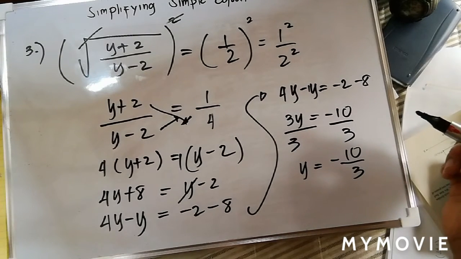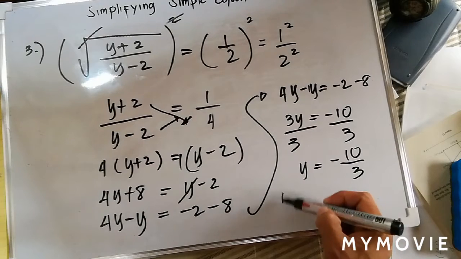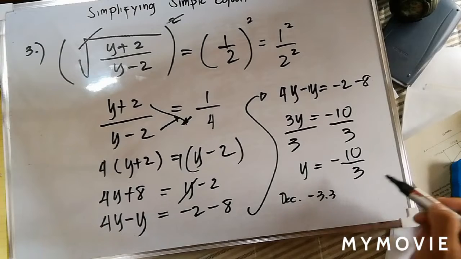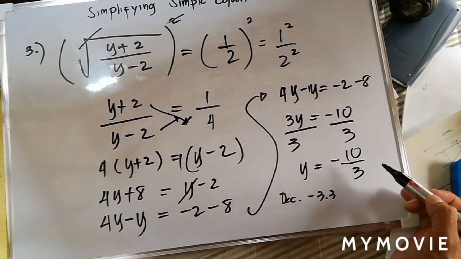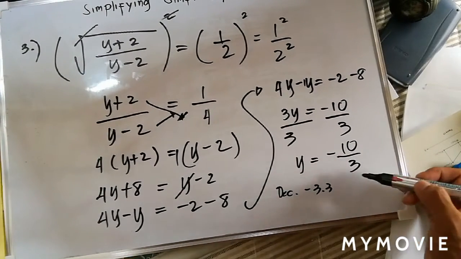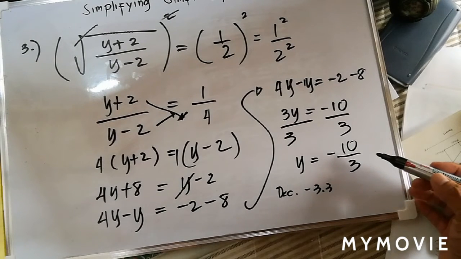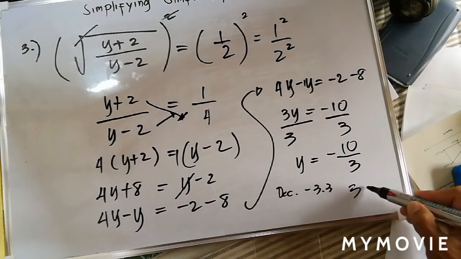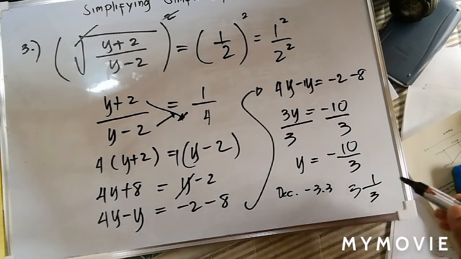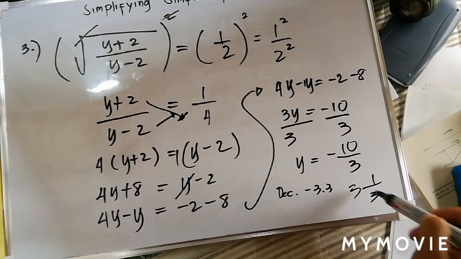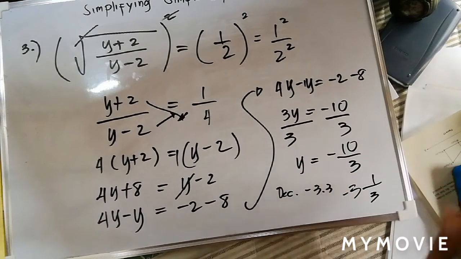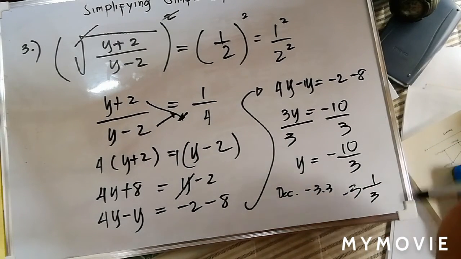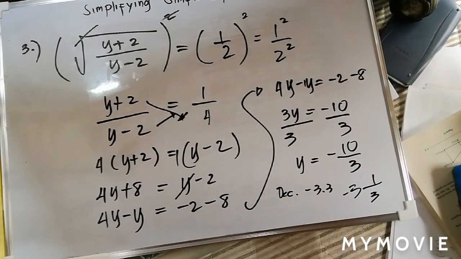We can also put it in decimal form, which is negative 3.3, or we can also present it as a mixed number: negative 3 and 1/3, because 3 times 3 is 9 plus 1 is 10 over 3. Just copy the denominator.